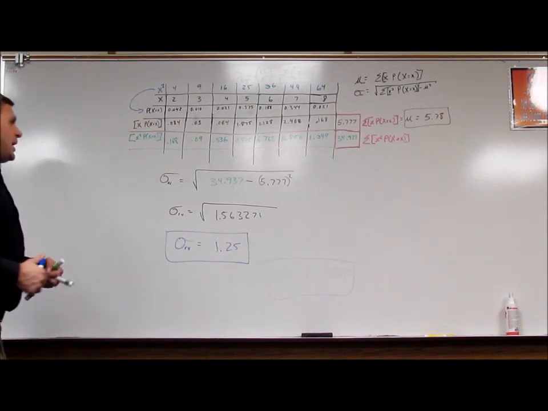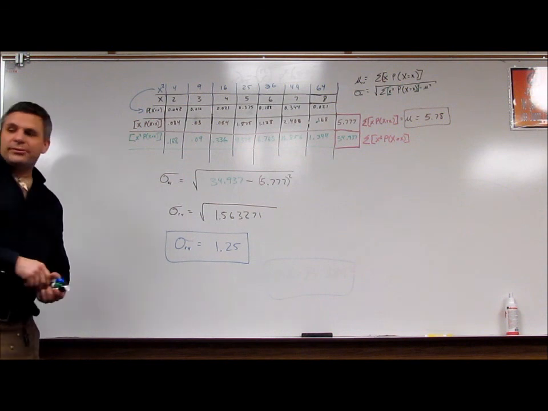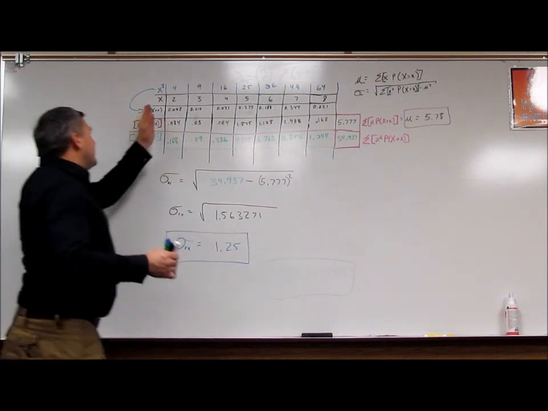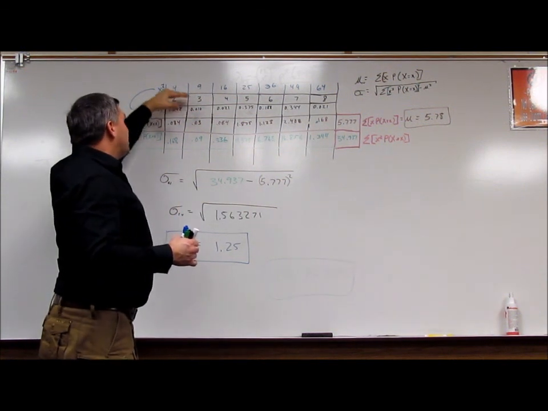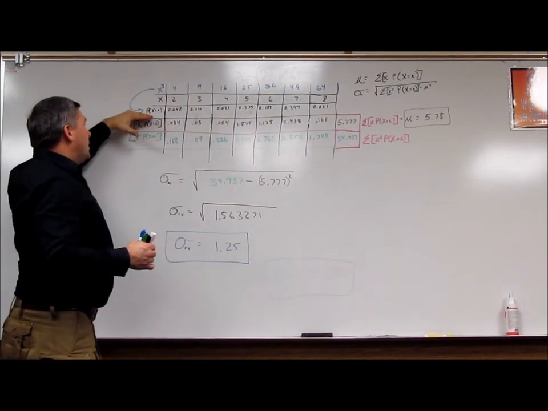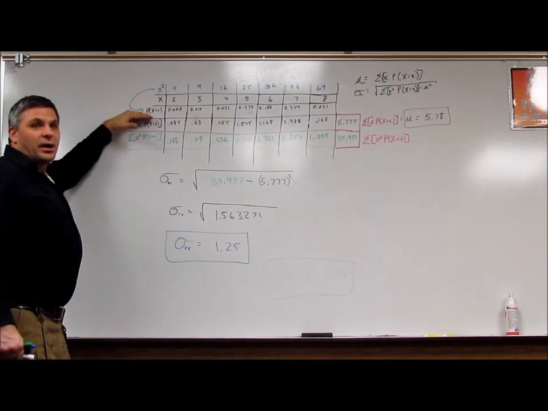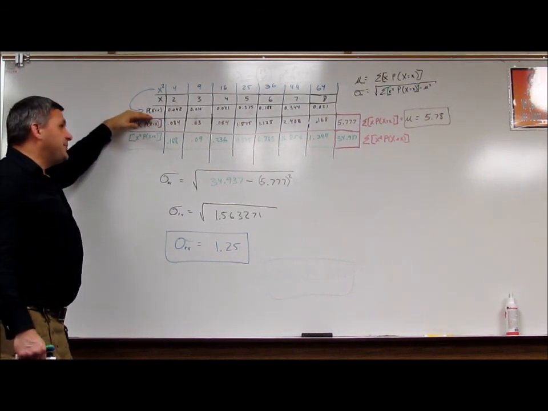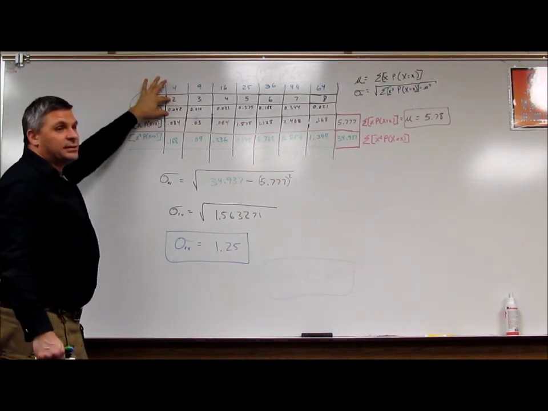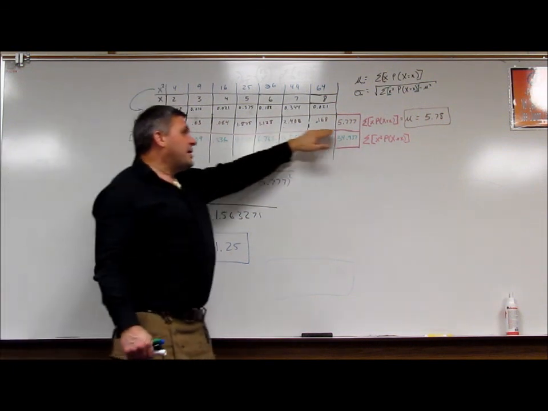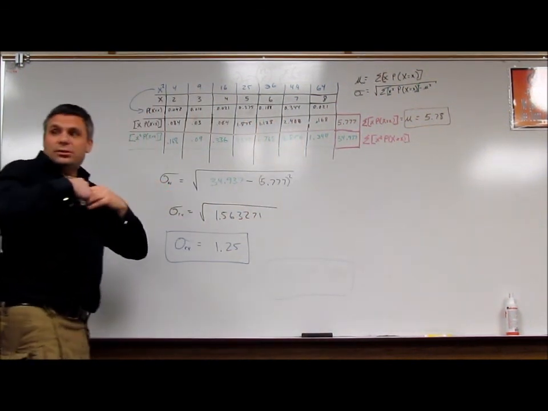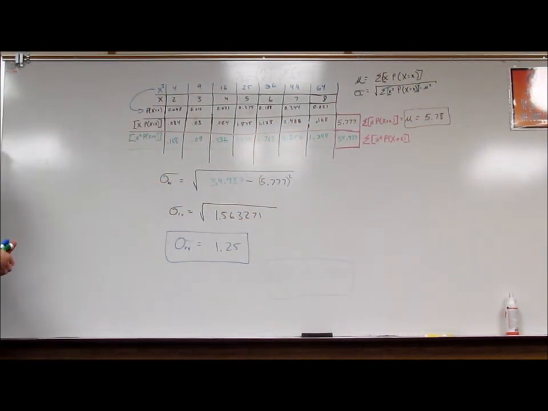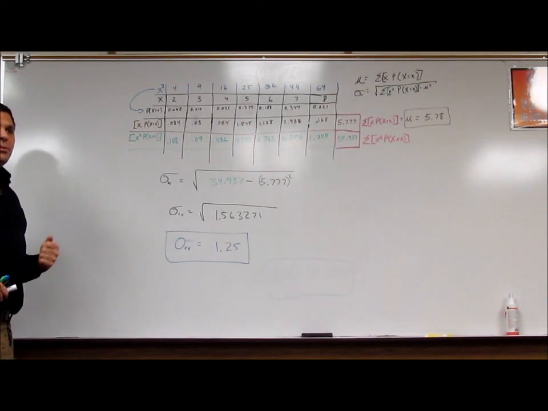If anything changes for the test, if you have different x's, then you just do the same thing. Square your x's. If you have different random probabilities, that's fine. You're just taking your x's, multiplying them by your random probabilities, and then finding that sum. That is your mu, your random variable mean.